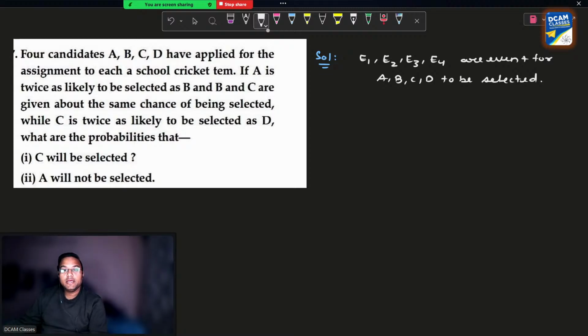A is twice as likely to be selected as B. That means what? P of E1 is equal to 2 of P of E2. And B and C are given about the same chance of being selected, meaning P of E2 is equal to P of E3.